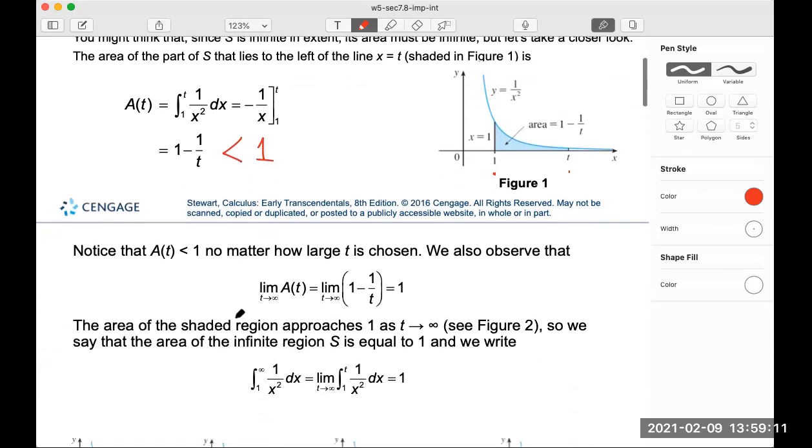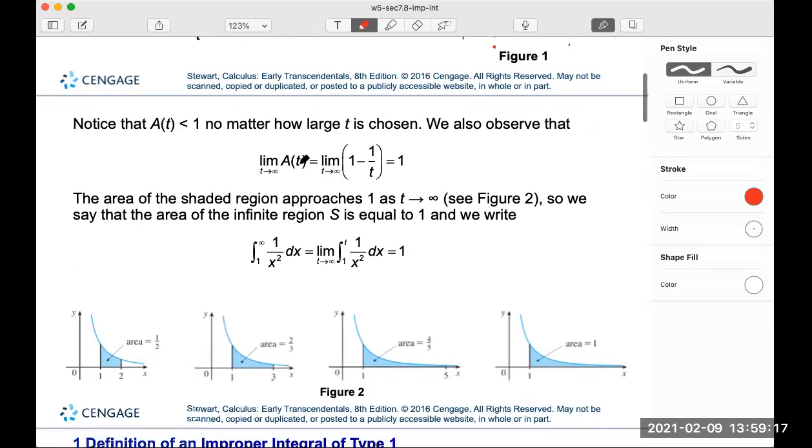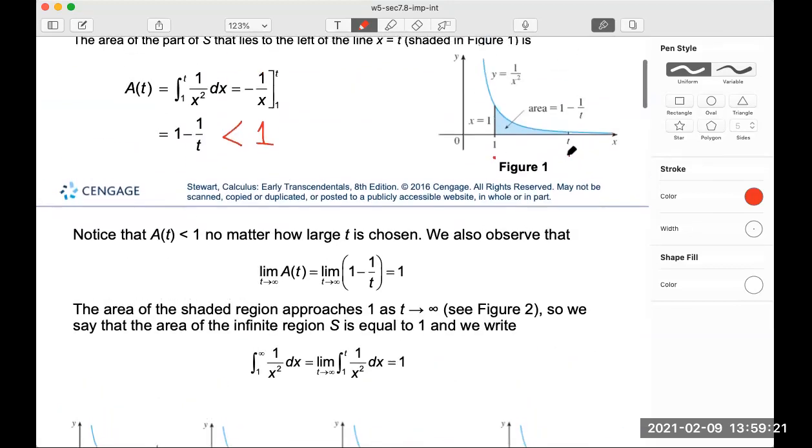Very good. So if we take the limit when t, the upper bound here, approaches infinity, in mathematical language we write limit as t approaches infinity of this area, and this area is equal to this, therefore the limit will be replaced by this.